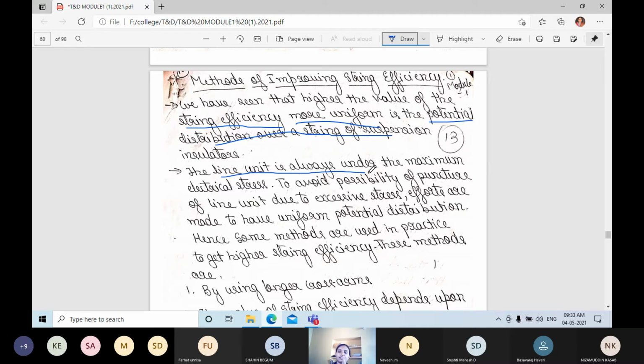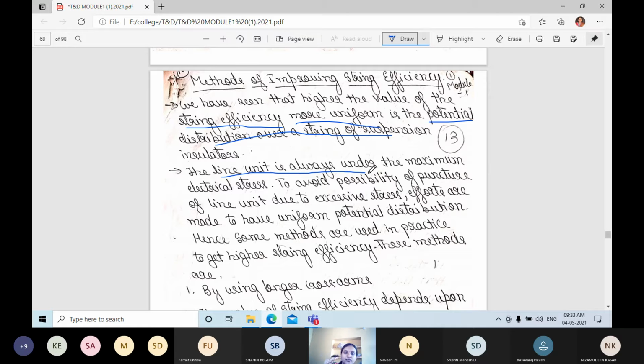Line unit means, for example, this is the insulator, and the insulator is connected to the conductor.